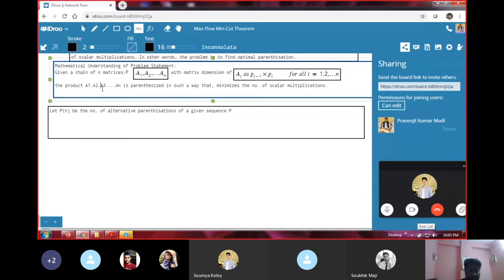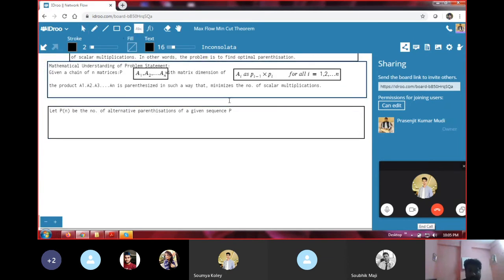That's the sequence, and let us denote Pn as the number of alternative parenthesizations for a given sequence. Just take an example and try to understand. These are actually prerequisites, so it will probably take some time, but okay, fine.